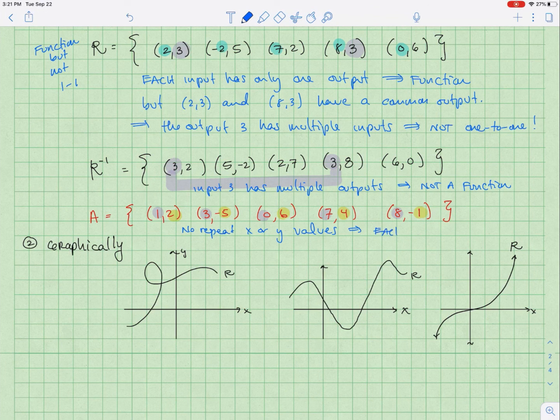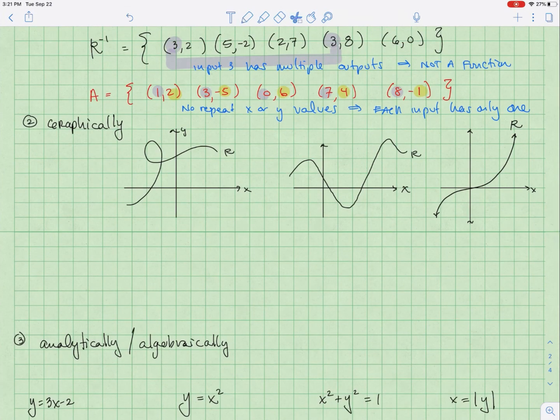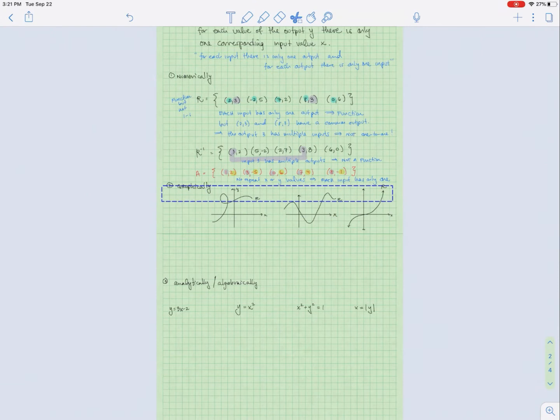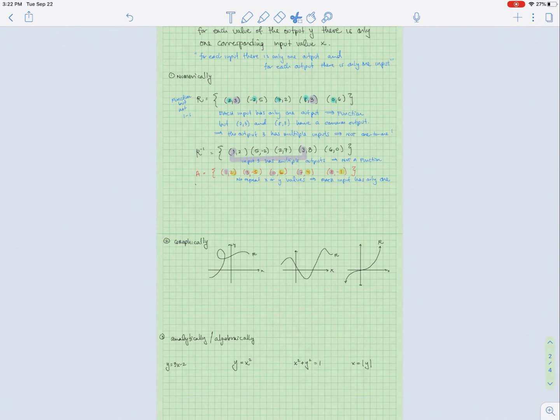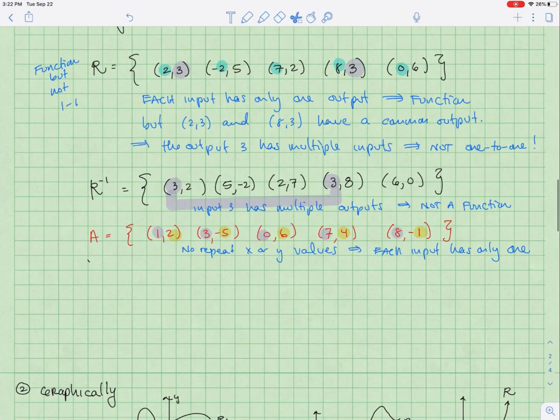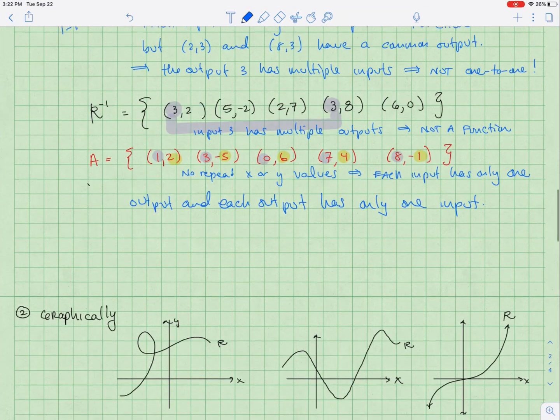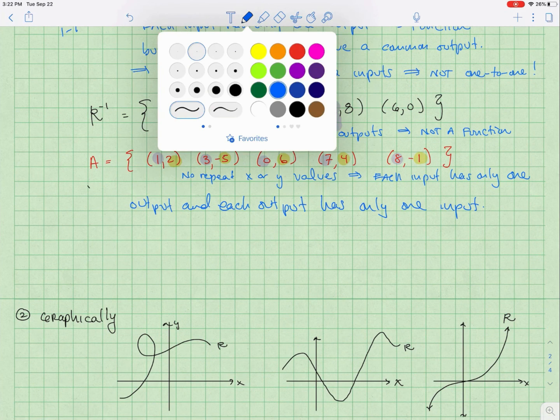So each input has only one output, and each output has only one input. To visualize these graphically, I'm going to use a classic kidney bean blob diagram.